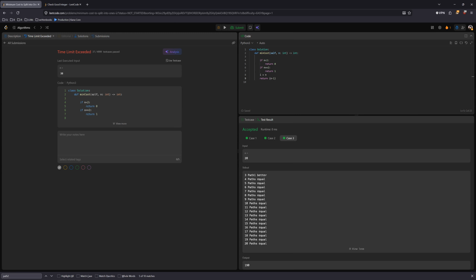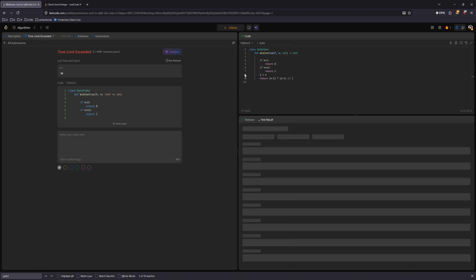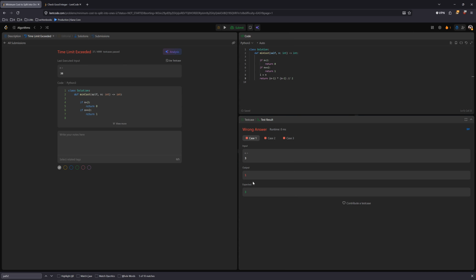Return n minus 1 times n minus 2 divided by 2, right? Just like that. Let's see, for 3, that would be two. Yeah, I think that's right. Maybe not.